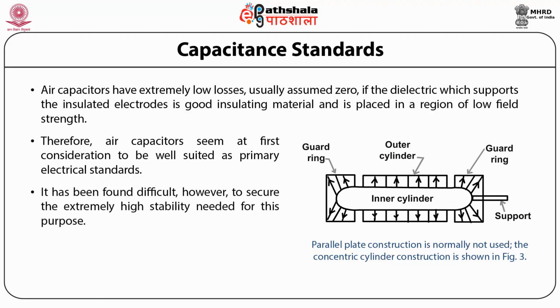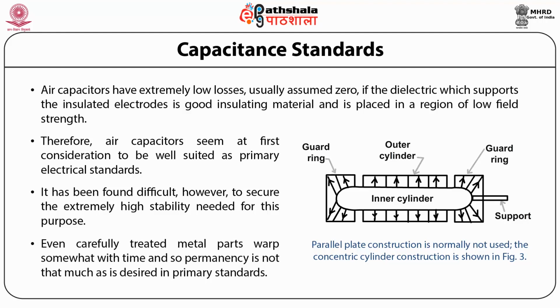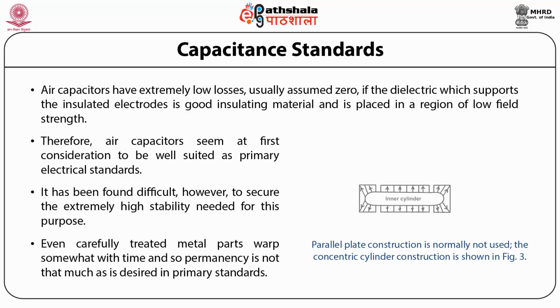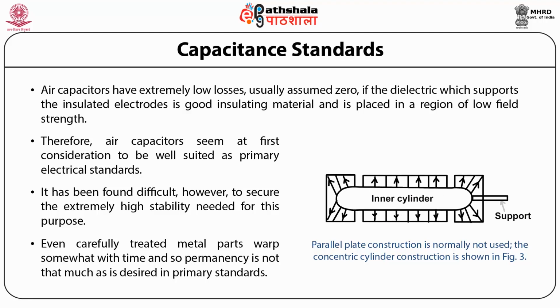It has been found difficult, however, to secure the extremely high stability needed for this purpose. Even carefully treated metal parts warp somewhat with time, and so permanency is not as much as is desired in primary standards.